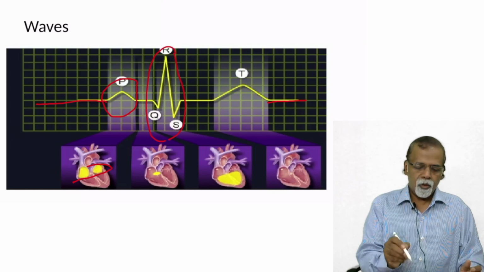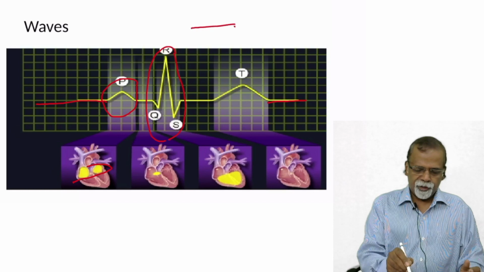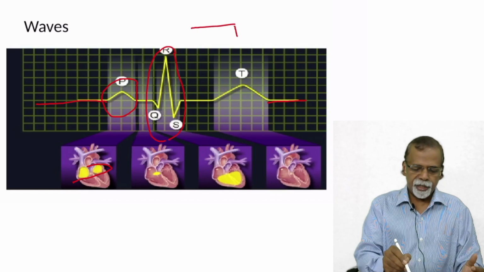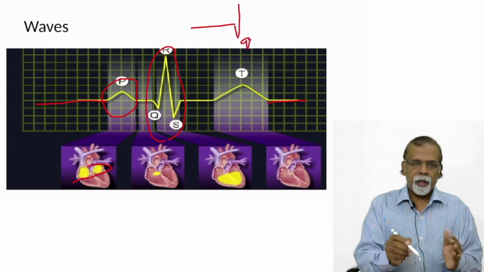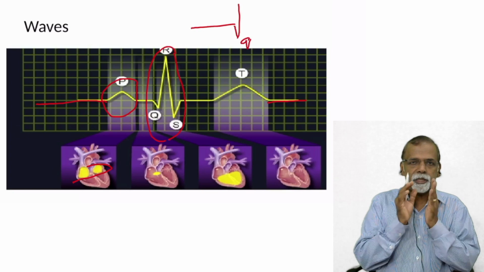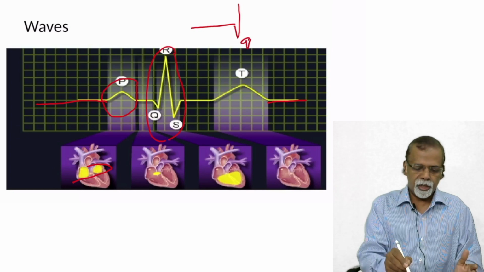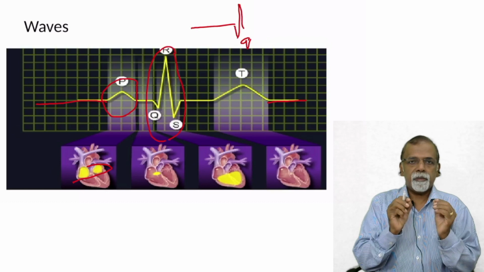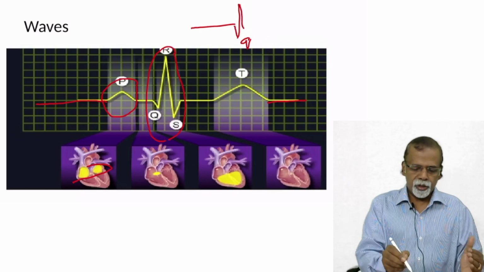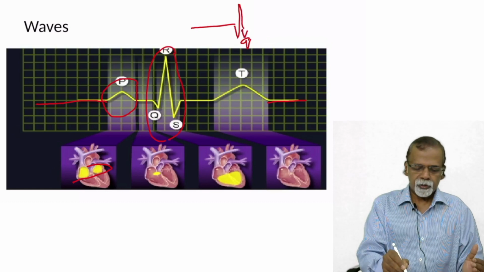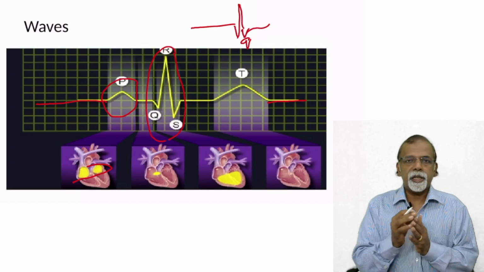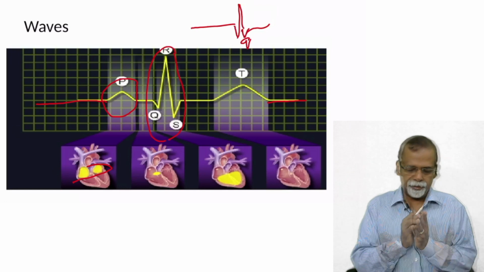The first or initial deflection, if negative, is called Q. The first positive deflection is called the R wave. The negative deflection occurring after the R is called the S wave. So this is how the waves are. Details of the nomenclature we can discuss at a later time.